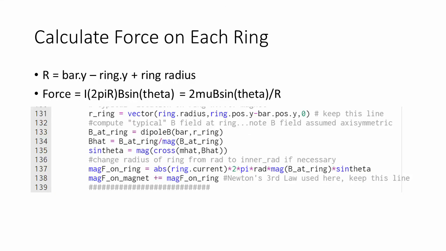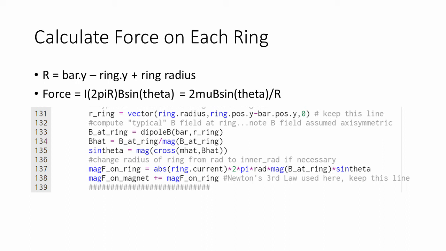Next, we want to calculate the force the magnet exerts on each ring, and we can do that using this equation. The position vector r is going to have a y component that is the distance between the bar and the ring, and then we add the ring's radius as an x component to find that total r position vector.